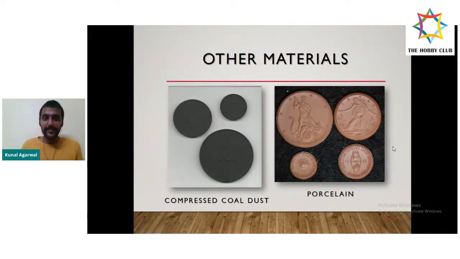It was made out of coal dust, which was compressed and packed together to make these Notgelds. Again, these are not very easy to come by. For example, of the 1,000 mark, around 3,500 were made, and of the 100 and 500, not more than 2,500 were made as well.